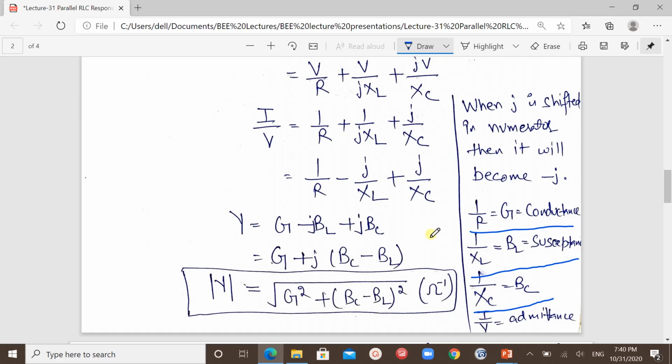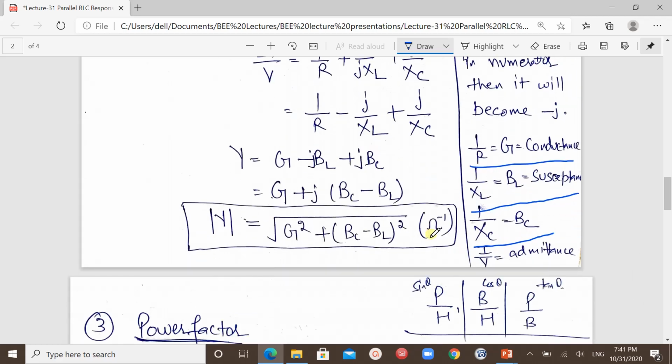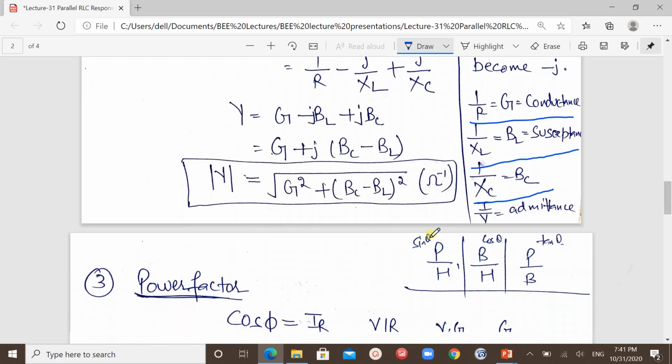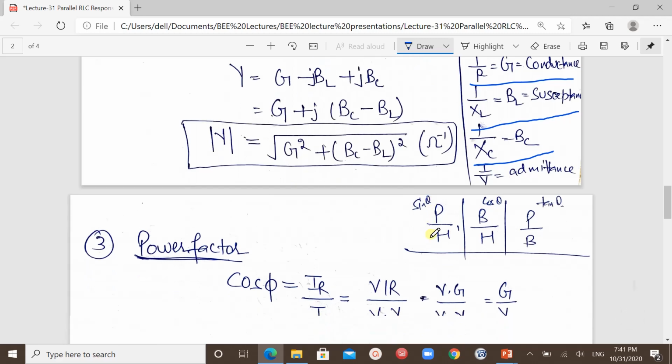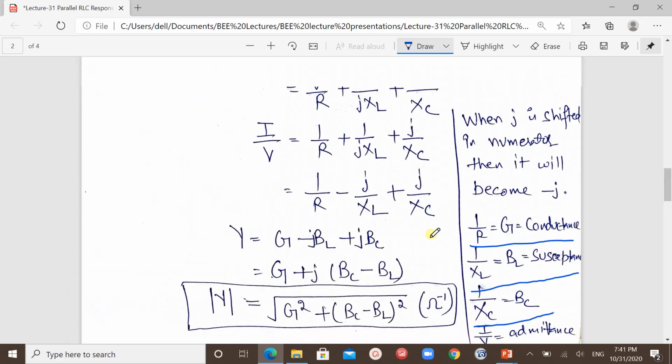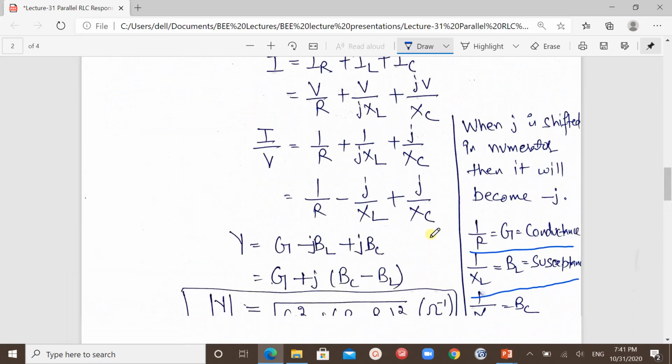Y is equal to G minus j into (BC minus BL), hmm, with j common, and the units are inverse ohm. And here we take the modulus. Modulus is equal to the square root of G squared plus (BC minus BL) squared. So this is about the admittance, how we find the admittance.